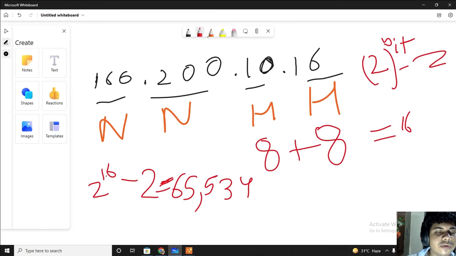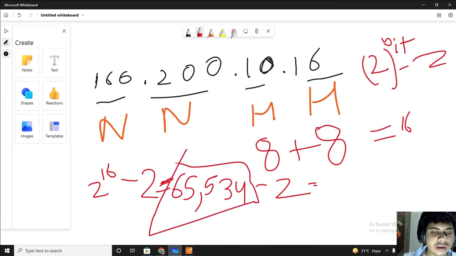So 2 to the power 16 is 65536, but when I minus 2, it becomes 65534, as you can see I have already written. So this is the number of computers I can assign from this address. Not this particular IP address, but I can use this many computers in my lab.